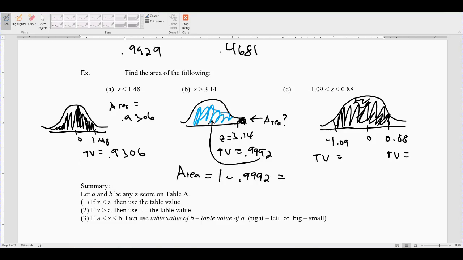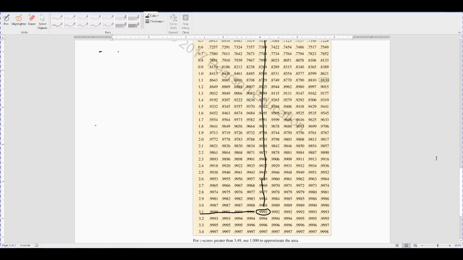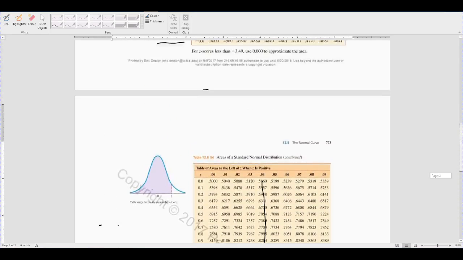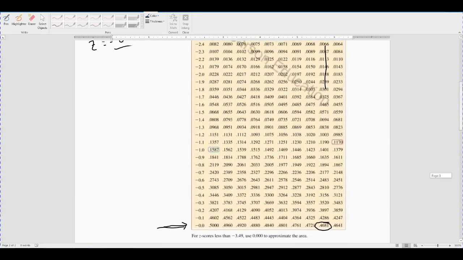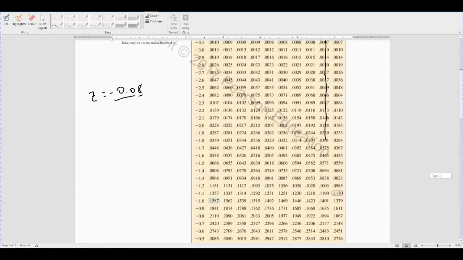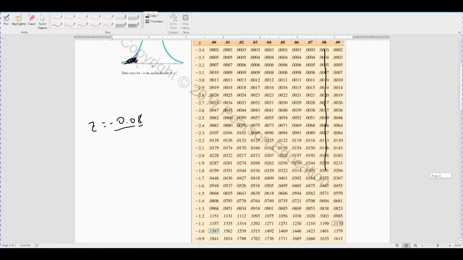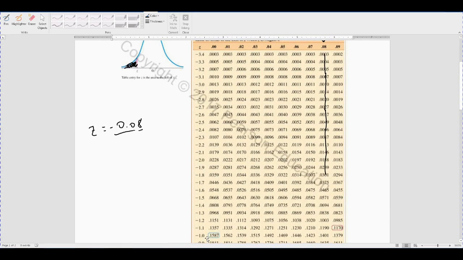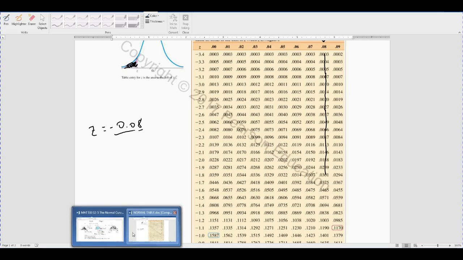So let's do negative 1.09. I may do this kind of quickly, by the way. We've got negative 1.0, and then 9 is way over here. See that 9? So we get 0.1379.